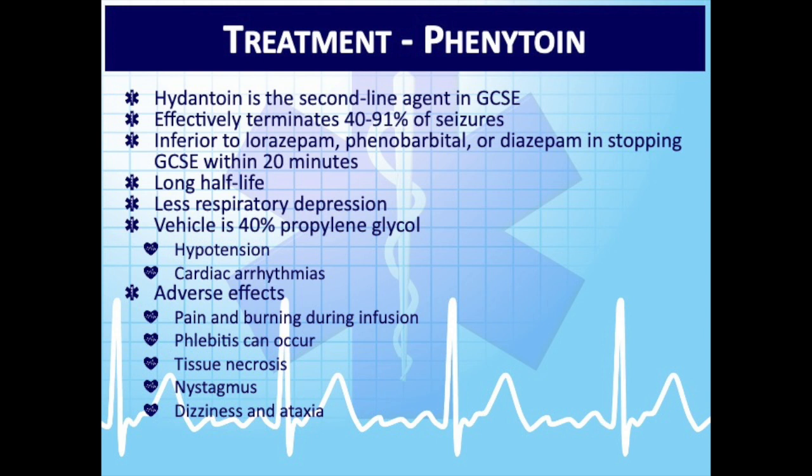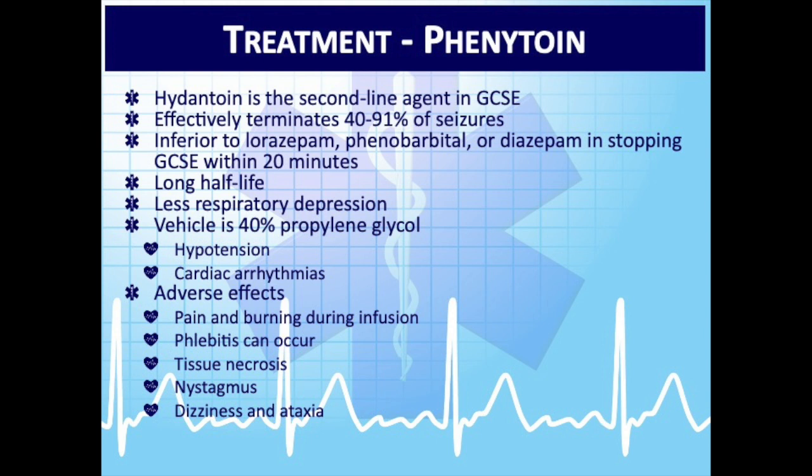It has propylene glycol in it too. It can cause skin necrosis. You don't want to give it IM. Think of it as Valium when you give it IM, erratic absorption.